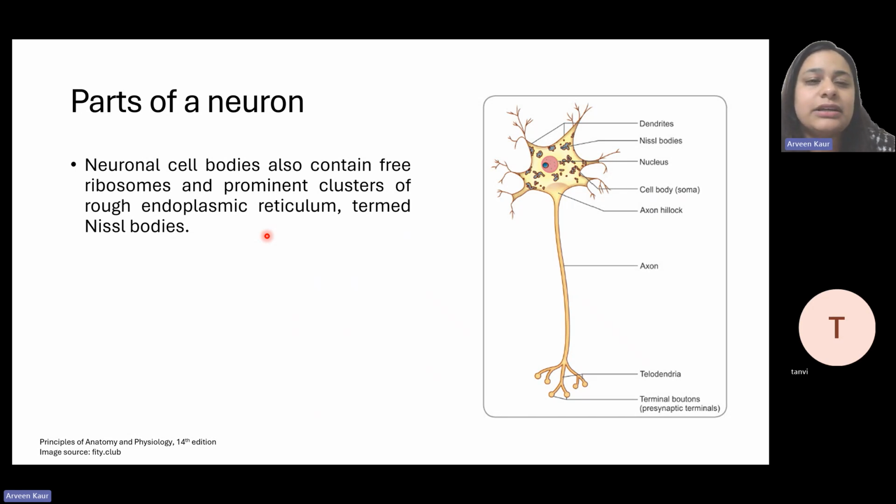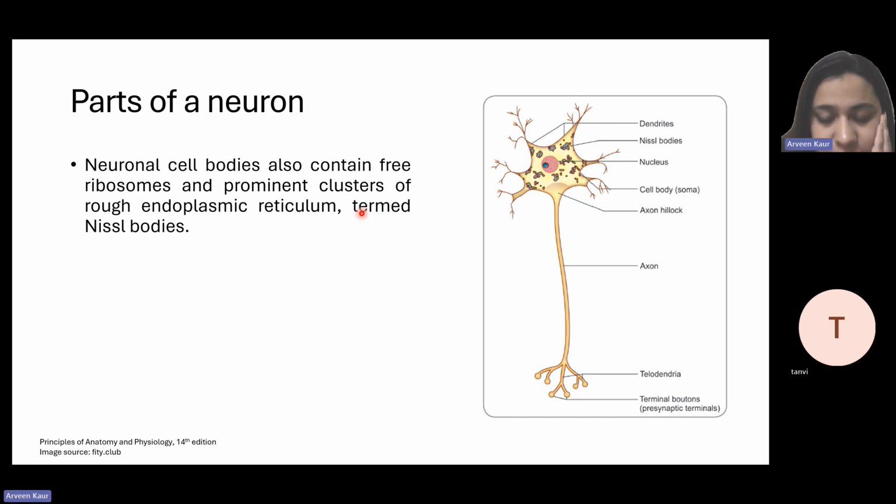So what they are saying is that in neurons, along with the free ribosomes, there are also prominent clusters of RER, and because it is clustered over here, it has a slightly different kind of shape. It is actually a characteristic feature of the neuron. So this is known as a Nissl body, right?